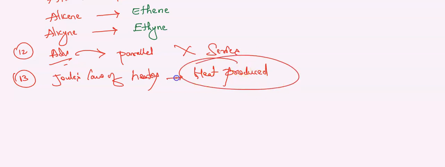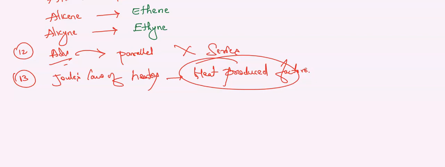First, you have to write the factors on which heat produced in a resistor depends. And you should write the formula.